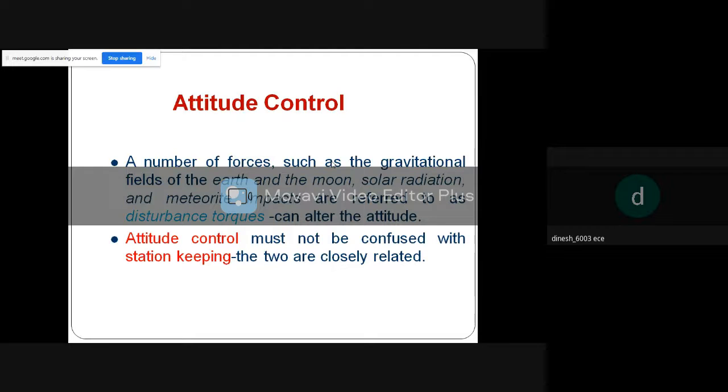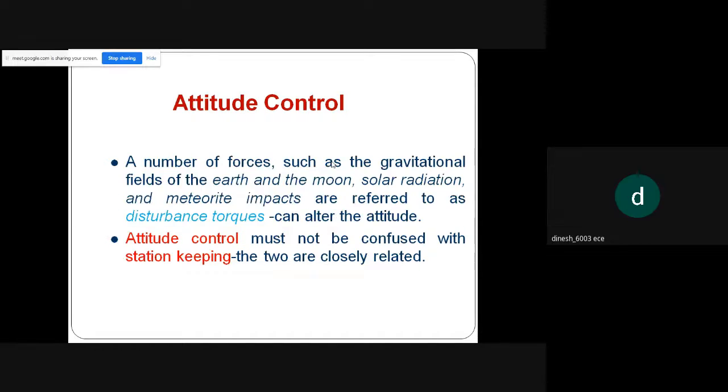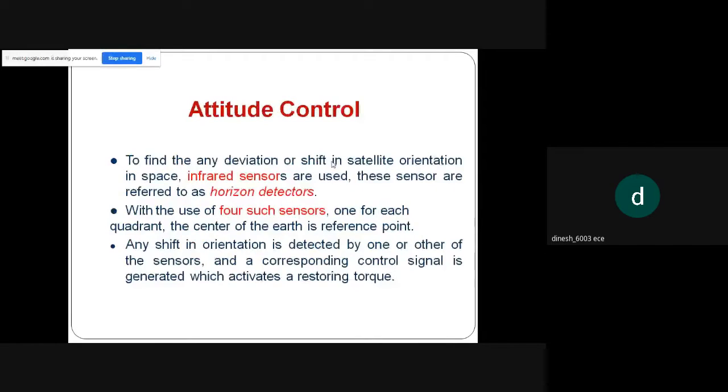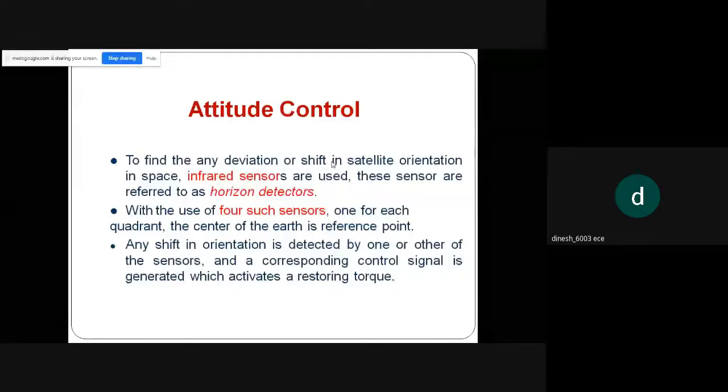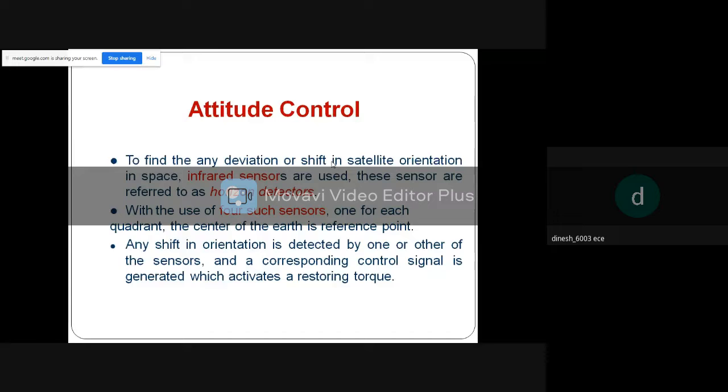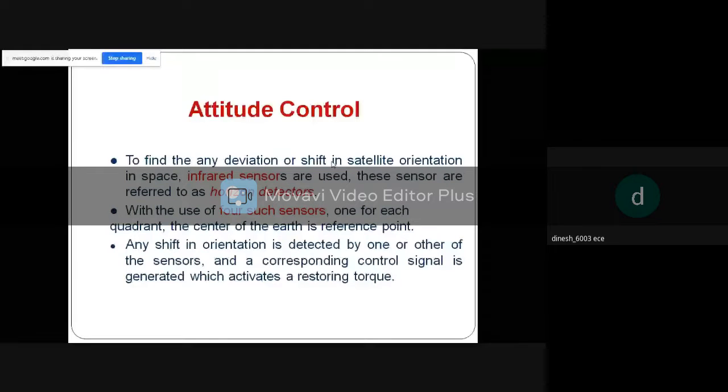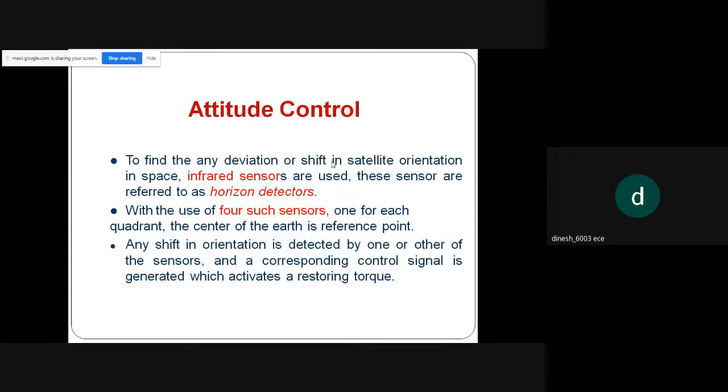Attitude control must not be confused with station keeping, since they are both closely related to each other. I'll clarify that. What is attitude control and what is station keeping? To find any deviation in the attitude control system, or shift of position in satellite orientation in space, we will be having 4 sensors. What are the 4 sensors?